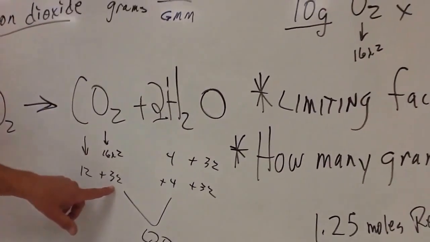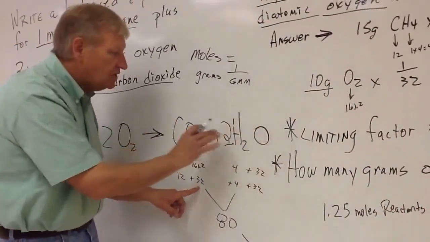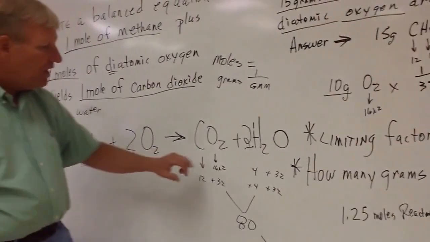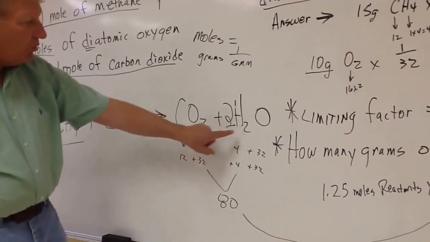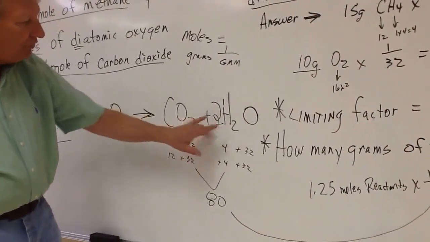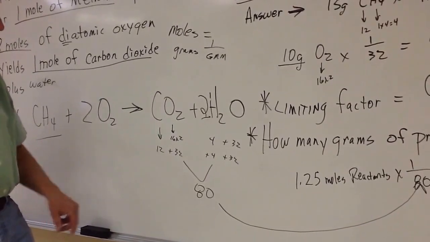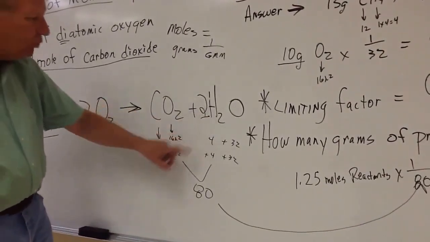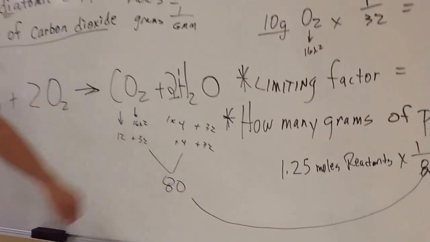The reason I want to give you this example is because we have more than one product. So this is where the balancing numbers come together. How many hydrogens do I have? Well, I have 2 H2Os, so I have 4 hydrogens. Hydrogen is 1, so 1 times 4 is 4.